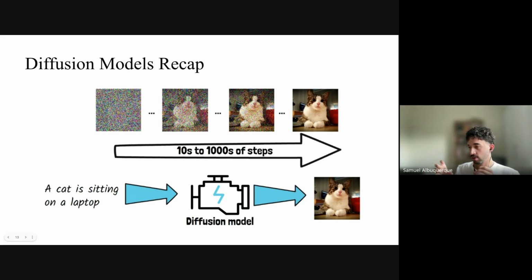So they use this prompt here to construct the image of a cat sitting on a laptop. So that's the basic idea of a diffusion model. It's basically learning paths between noisy representations and clear ones.